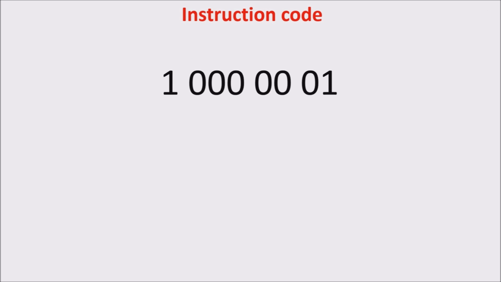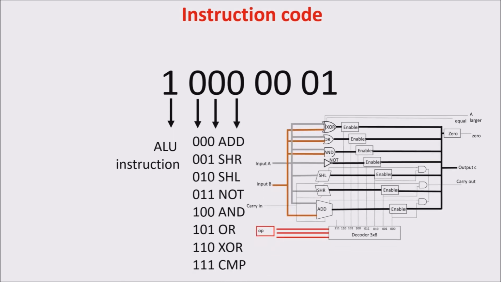This particular group of bits on the screen has a meaning in Scott's CPU. The first bit is called ALU instruction. If it is 1, the instruction is an ALU instruction. If it is 0, the instruction doesn't involve the ALU. The following 3 bits define what kind of instruction we have to execute, in our case, what kind of ALU instruction.